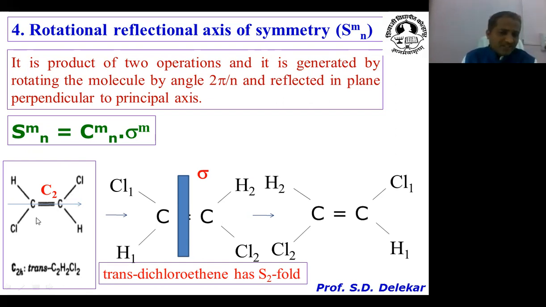If I perform the rotation, this Cl1 H1 is coming here, Cl2 is coming here, H2 is going here. So in this new orientation, the overall framework is the same, but at the position of H1 there is Cl1.